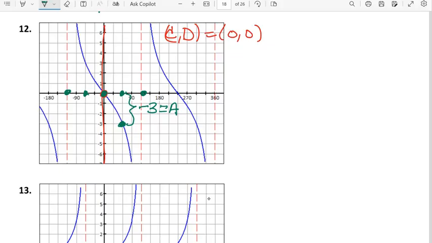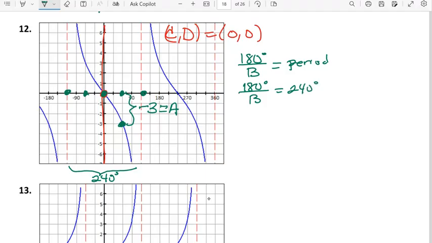Next thing to find is the value of B. So 180 degrees divided by the B value is equal to the period. And the period of this graph is the length of one full cycle. So the cycle goes from -120 to +120. So the length of one full cycle is 240. So 180 degrees divided by B is equal to 240.